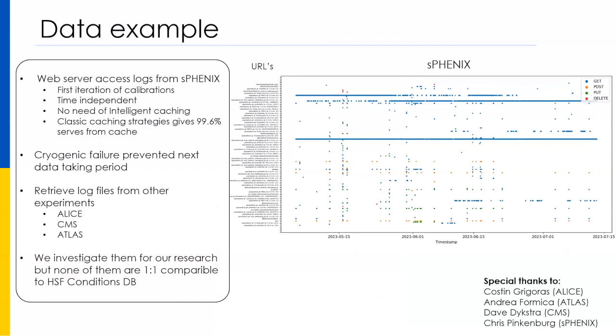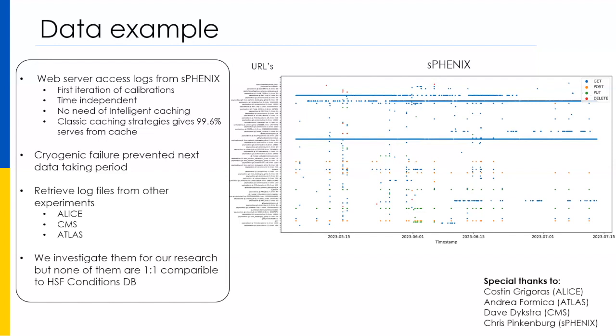Here I will show you an example of our data from Phoenix. We can see these three or four horizontal lines. I would also like to mention that this was the first iteration of calibrations of the experiment, and that's why they're using only three or four types of files with three sets of numbers of minor IOV.